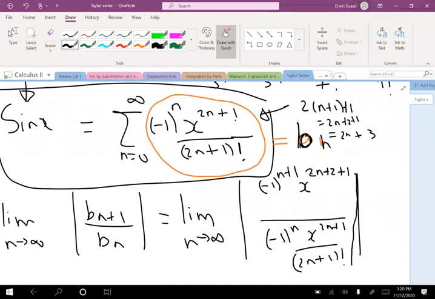So let me just write it down: 2n plus 3 factorial on the bottom. Let me know if I make any mistake. When we do it fast, it's also easy to make mistakes.